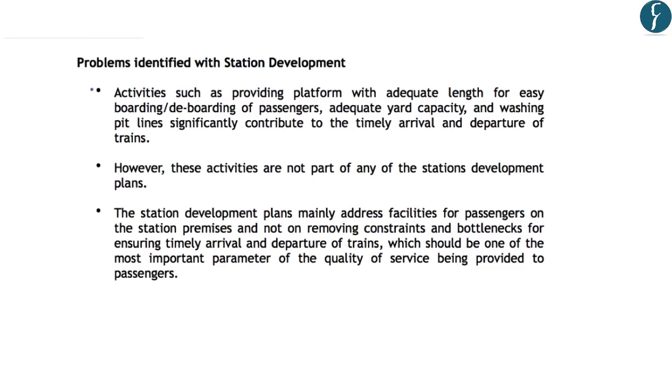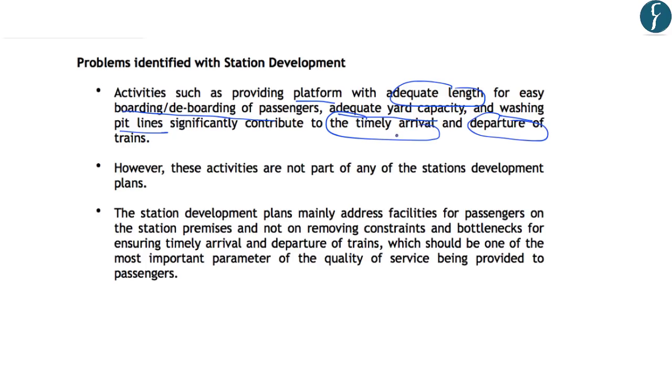Now let us understand the reasons for the delays of these trains and also the issues with the infrastructure at the stations. The major problems that have been identified are: first, activities such as providing the platforms with adequate length for easy boarding and deboarding of passengers, adequate yard capacity, and washing pit lines significantly contribute to the timely arrival and departure of trains.